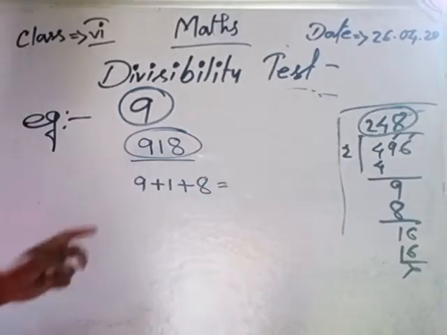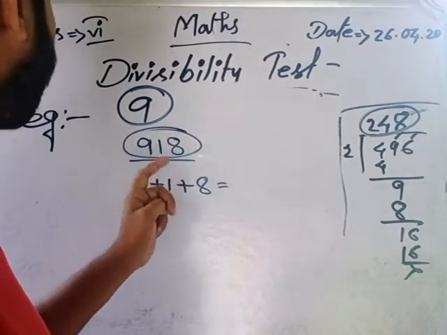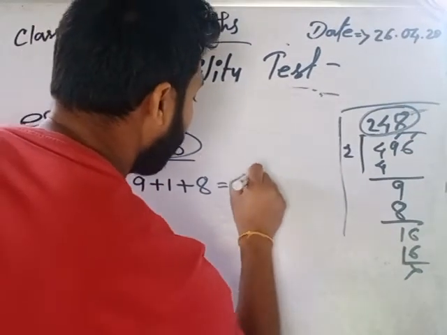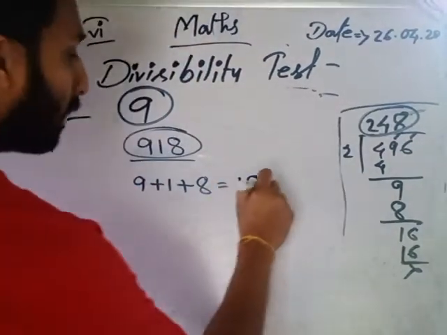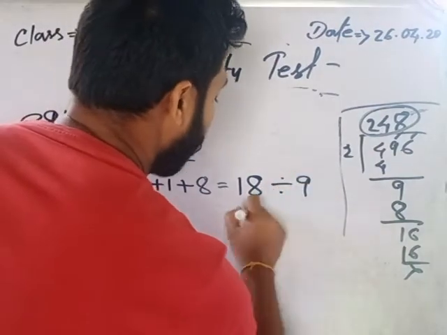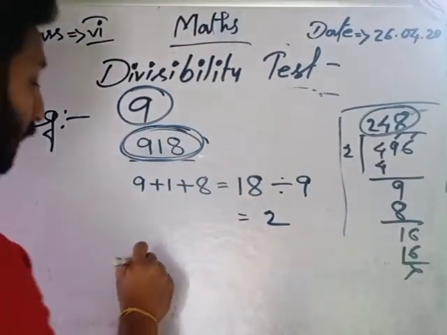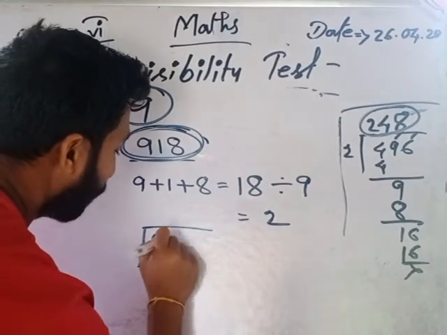The digits are 9, 1, 8. The sum of 9, 1, 8 is 18, and 18 is divisible by 9. That means this number is completely divisible by 9.